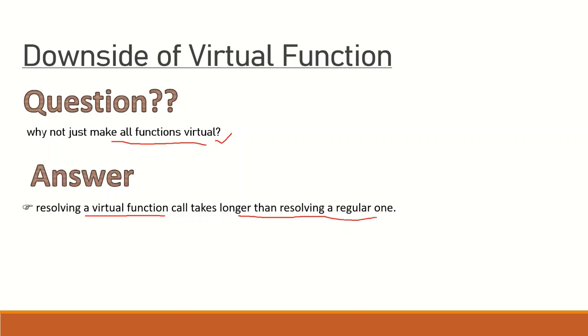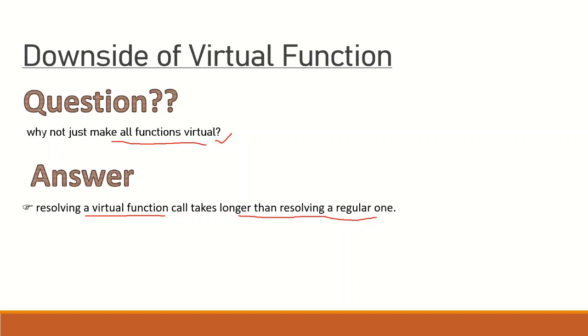The reason is that when you declare a function as virtual in the base class, it implements late binding. The function call gets resolved at runtime, using a base class pointer to resolve it. So it takes much more time than calling a function directly using a derived class object.